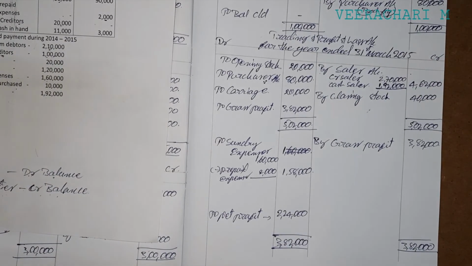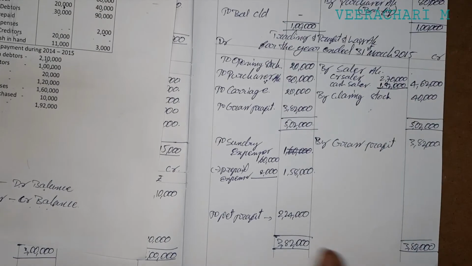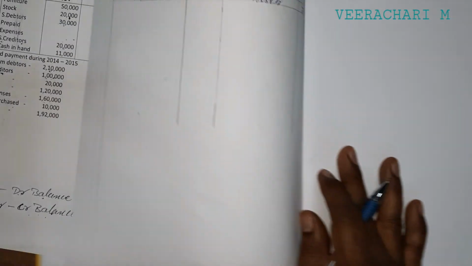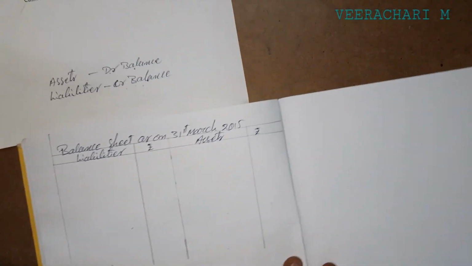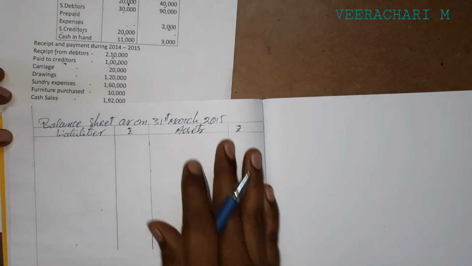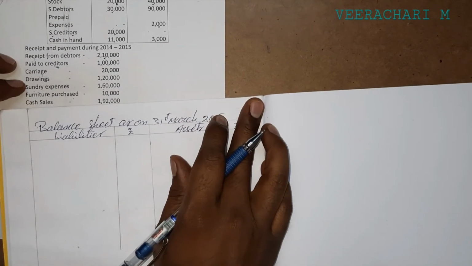After the computation of this profit, again you can prepare the closing balance sheet. In this closing balance sheet, mostly there are no adjustment values.